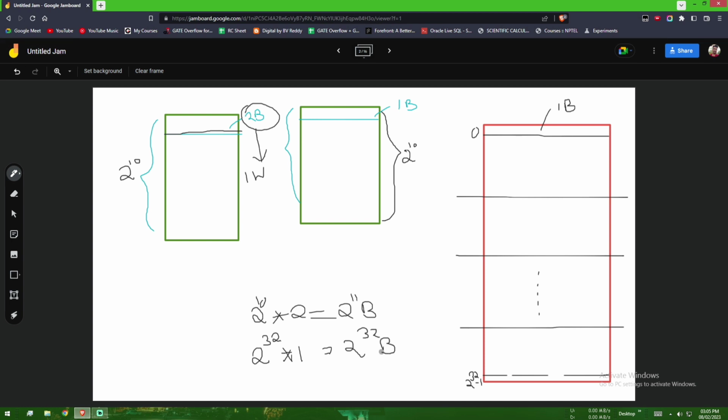This is the size of this memory, and this is the size of that chunk. Now let's see how we are dividing this address space. Obviously we have 2 power 10 entries here, but since each entry groups two addresses, the number of addresses is more.